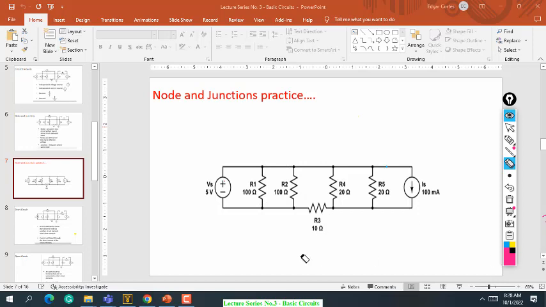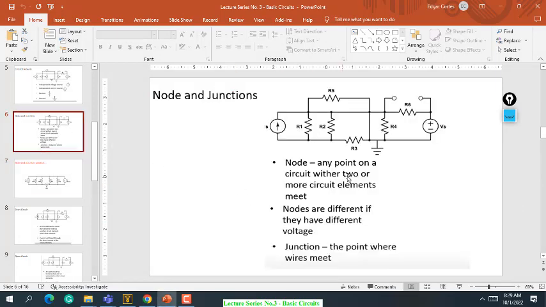And then, what is a node? By definition, a node is any point on the circuit where two or more circuit elements meet. Nodes are different if they have different voltages.